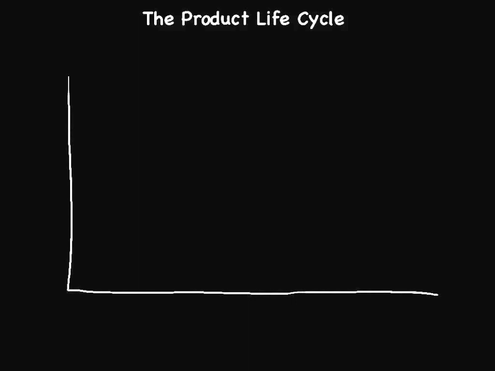So first thing I'm going to do here is just draw a brief chart to work with. And then I'm going to draw a brief line right here. And this line is going to signify sales. And so sales are going to be obviously different at different points in time.